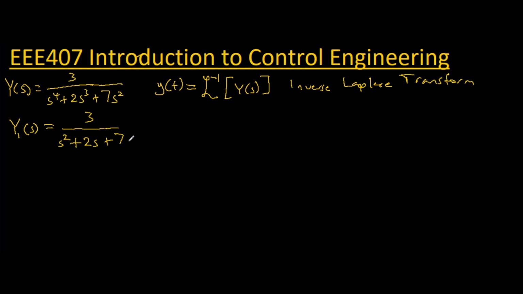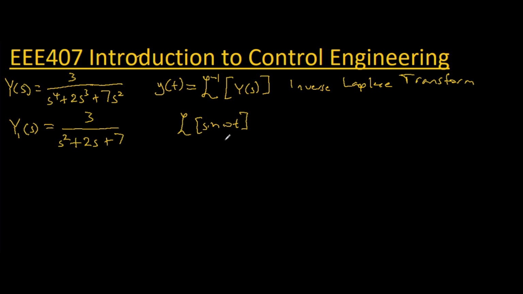To take the inverse Laplace transform of this, we're going to use the same two tables that we used earlier for finding Laplace transforms. What do we know from those two tables? First of all, we know the Laplace transform of sine omega t. We're looking for something that looks like this. Because we have an s squared, let's think sine omega t or cosine omega t.